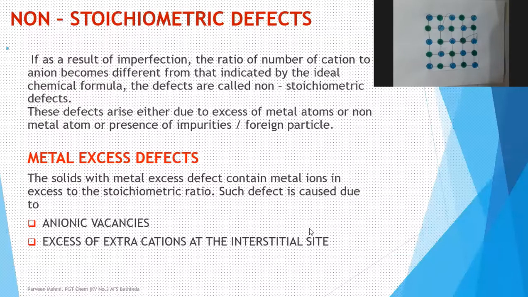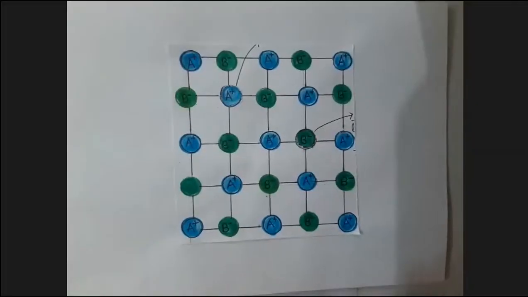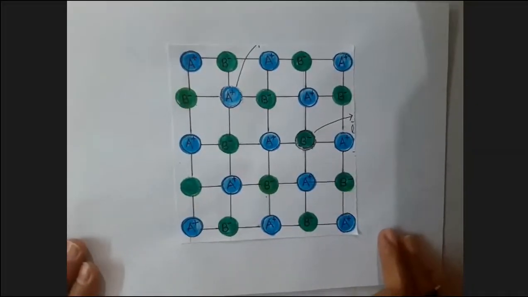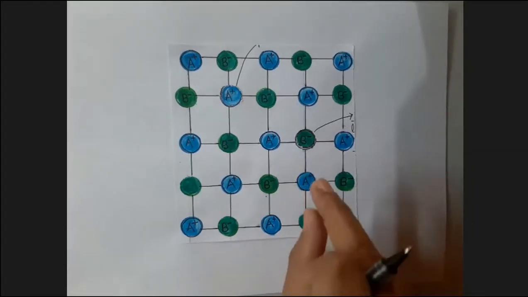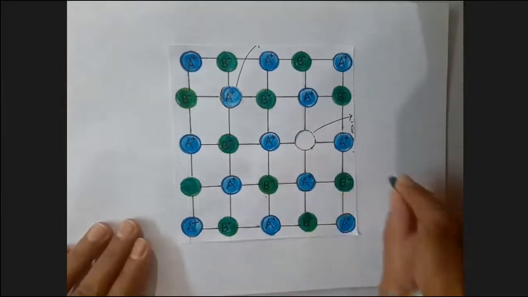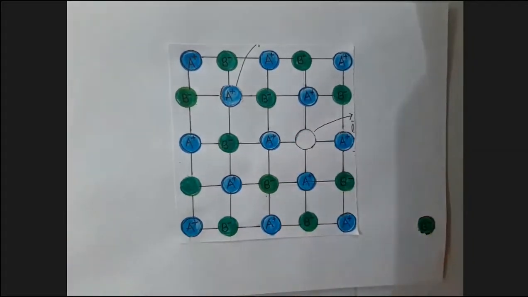First, due to anionic vacancies. In this case, negative ions may be missing from their lattice sites, leaving holes.